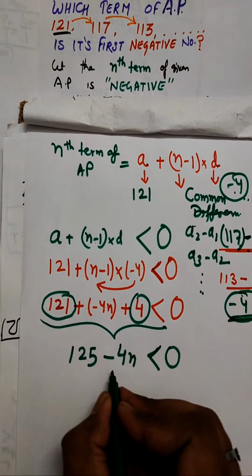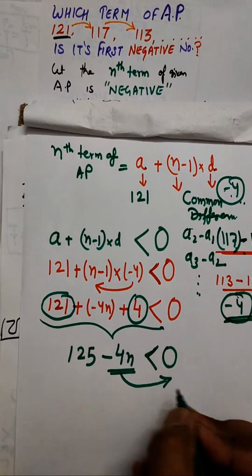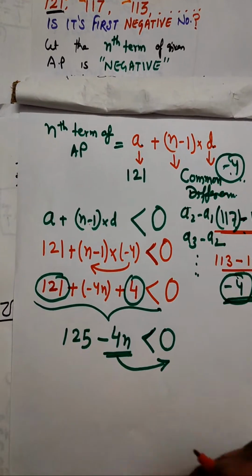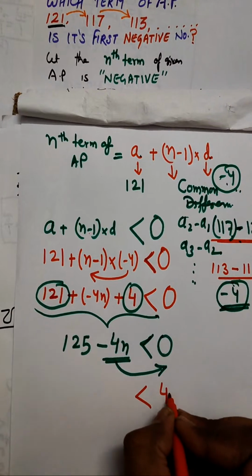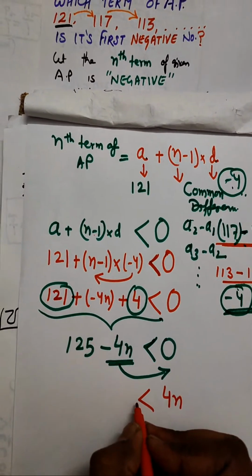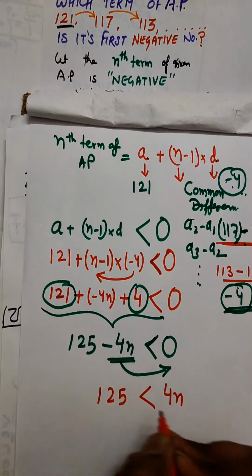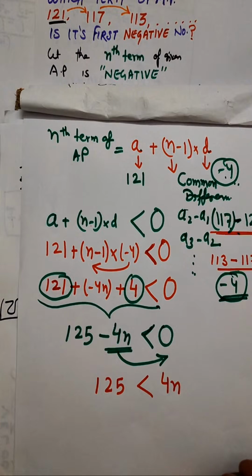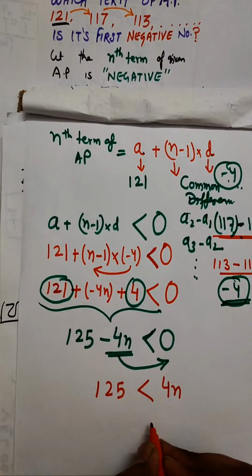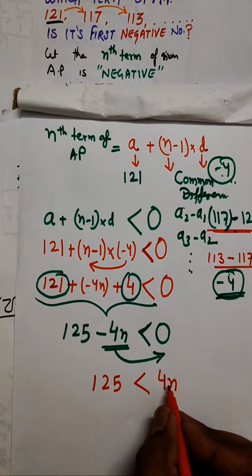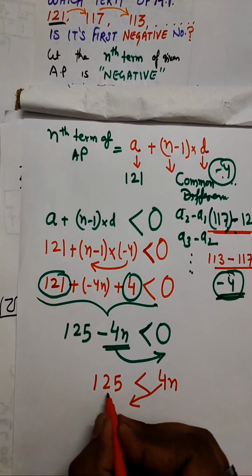Now push this minus 4n to the RHS of the inequality. Then what will we be left with? Here we put up the inequality sign, and here it will be 4n, right? And in the LHS we are left with 125, right? I don't think there is any doubt over here till now, right? Fine. So how to calculate the value of n? Bring this 4 from RHS to the denominator of LHS.